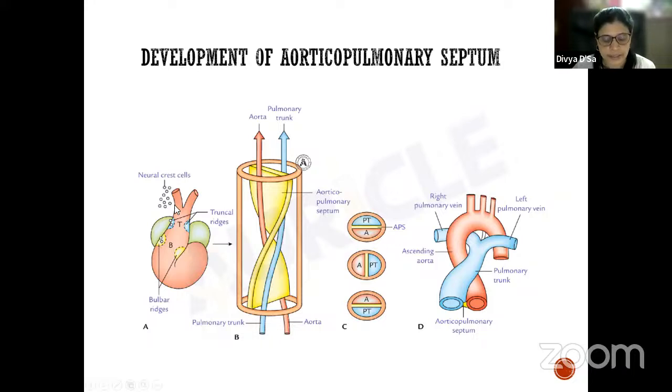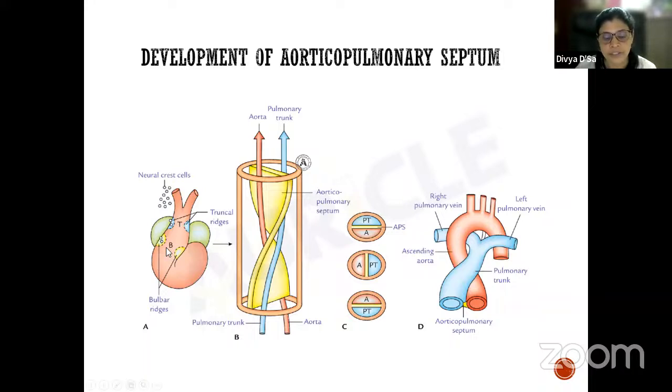The neural crest cells migrate into the wall of the truncus arteriosus near the conus, and these truncal ridges grow toward each other and form what we call the spiral septum.